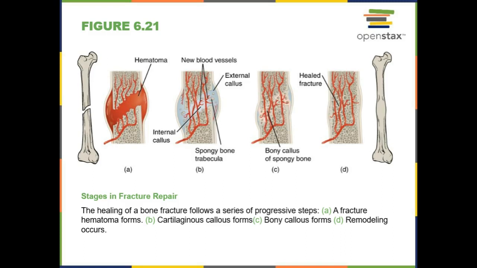And then as blood vessels mend, bone-building cells can move in and take over that cartilage, and they start forming a bony material, and a bony callus has formed. The last step is bone remodeling. This can take anywhere from 6 to 8 weeks, and sometimes even longer, depending on the severity of the break and the health of the individual.